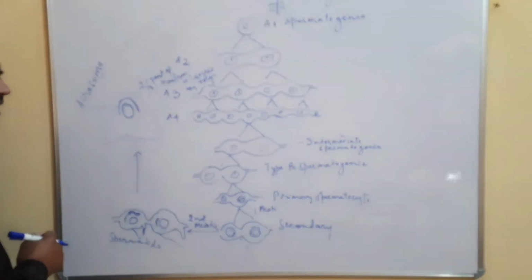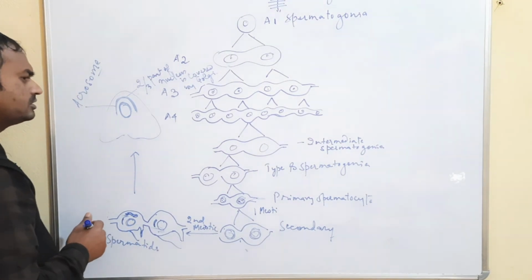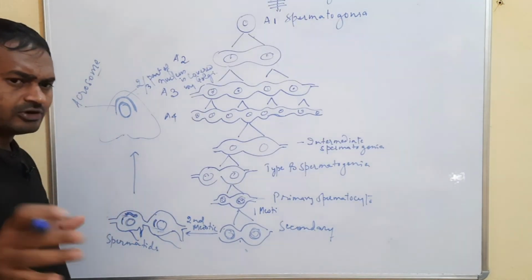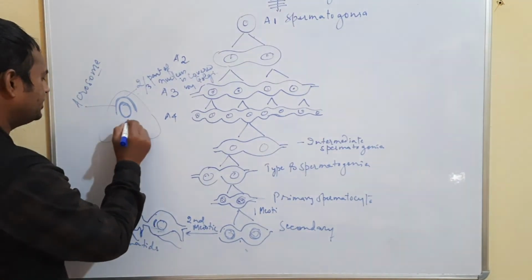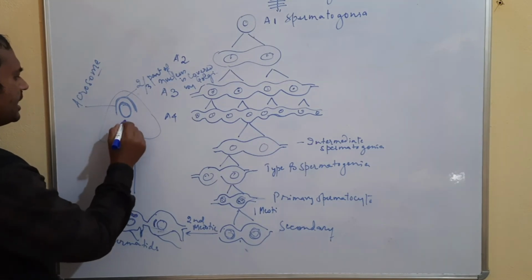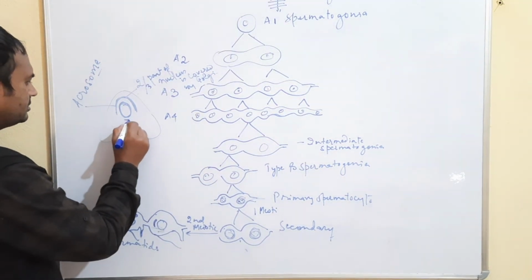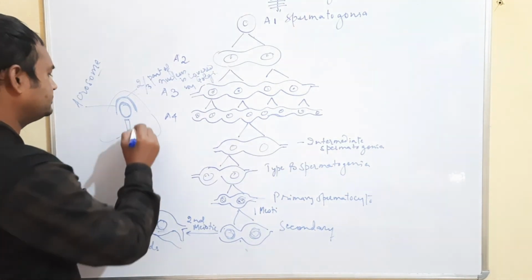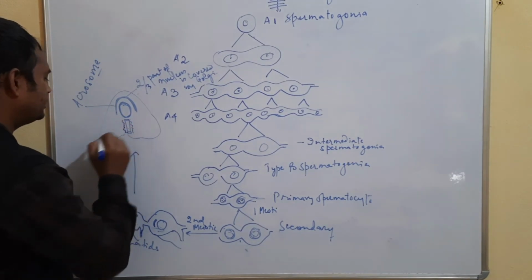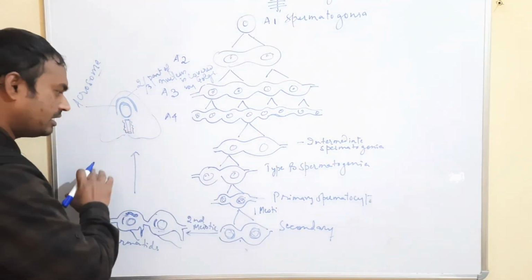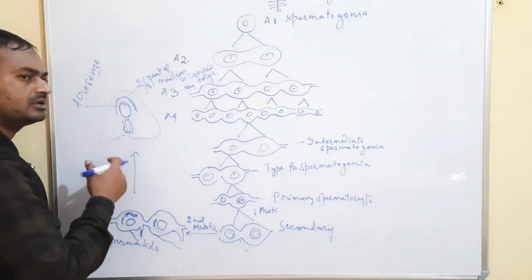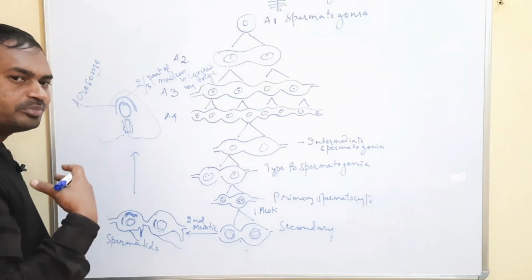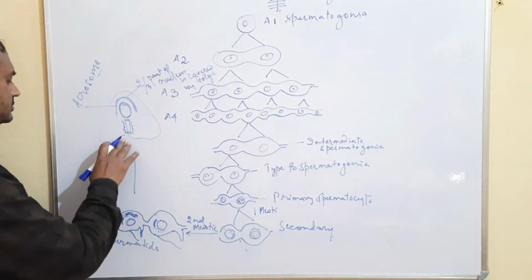Now what will happen thereafter? The centriole will accumulate toward the midpiece or the neck, to form the midpiece of the sperm cell.